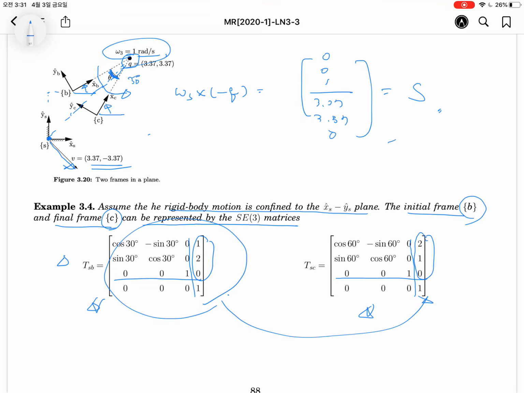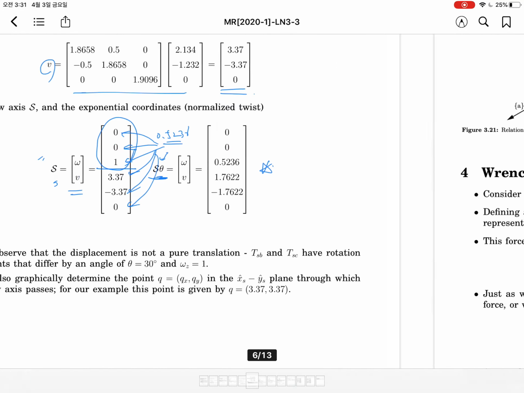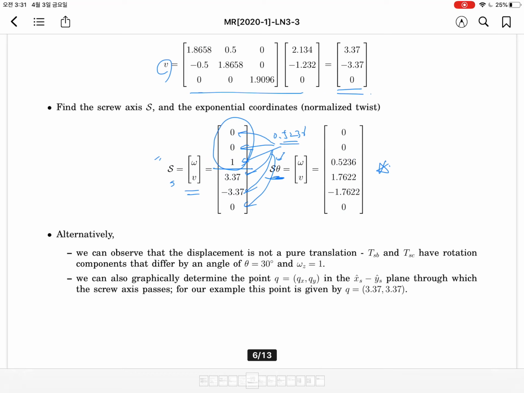It means that this is the 30 degree. So maybe the 0.52 radian is applied to here. Then we can get the exponential coordinate for the rigid body motion, this motion. Okay, graphically we can get it. We can understand what happened in the rigid body motion.